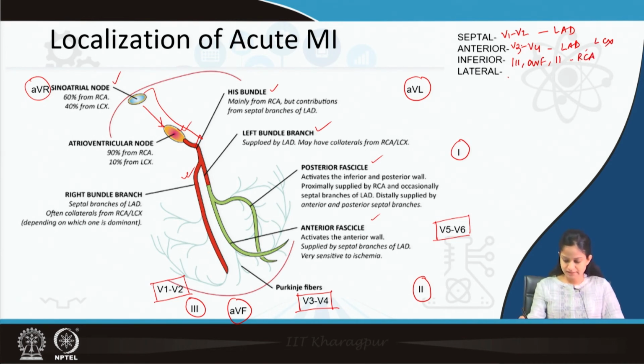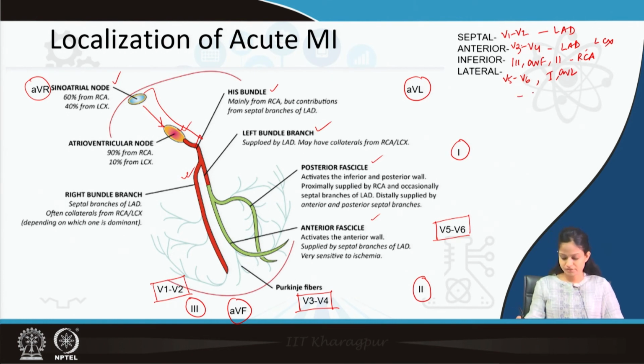Lateral leads, usually V5, V6, depict the apex of the heart. So, they can be collectively called the apical portions. Sometimes we also denote them as the lateral portions. So, we have V5 and V6, lead 1, AVL and right lateral is AVR.